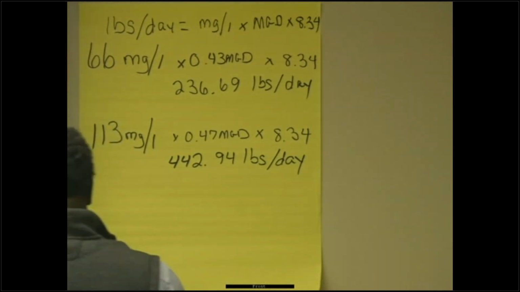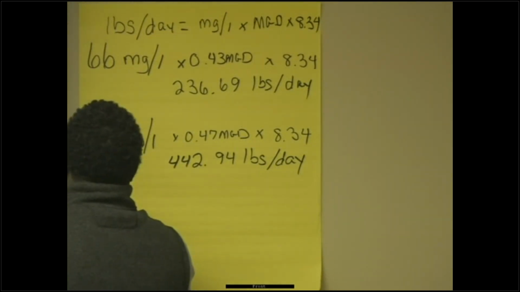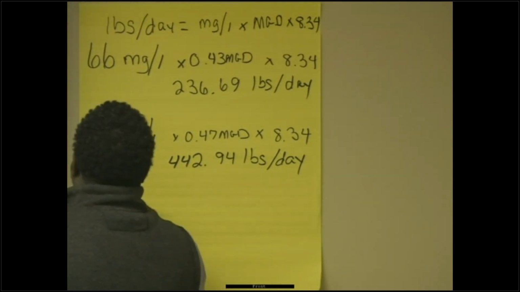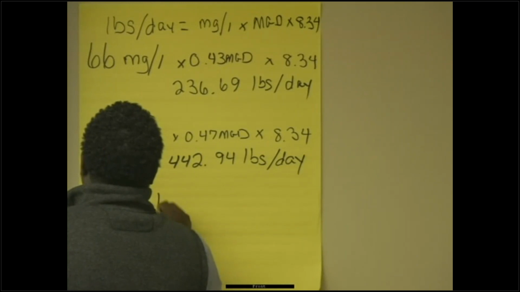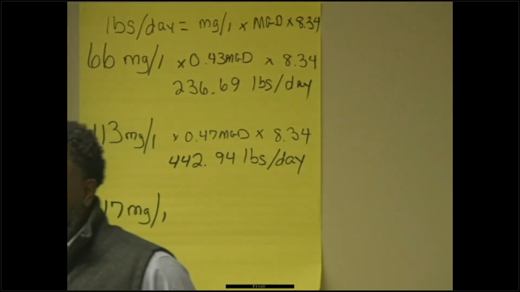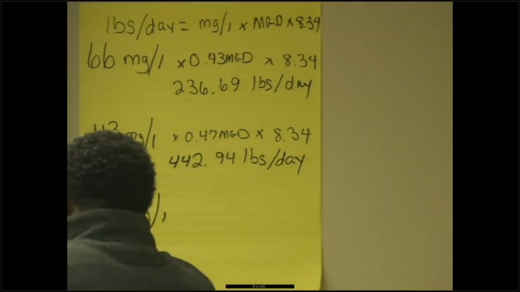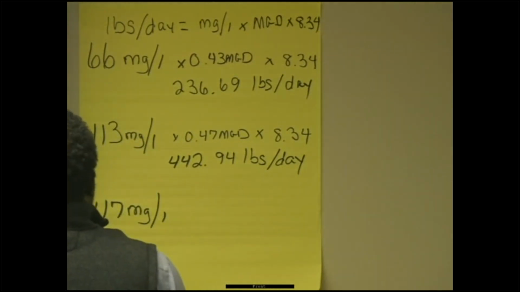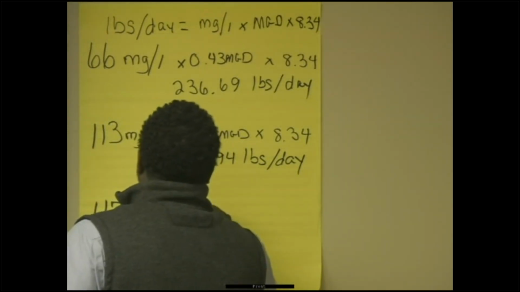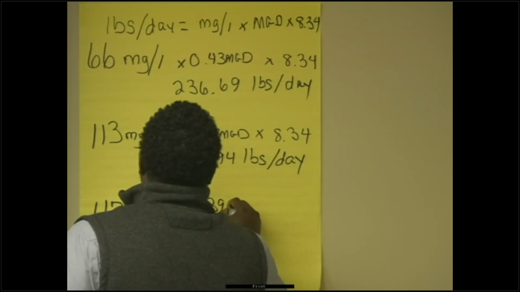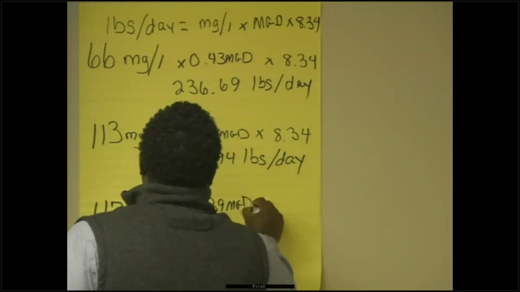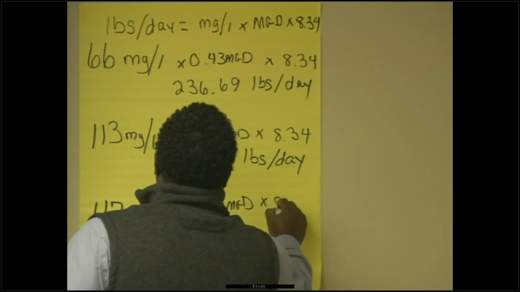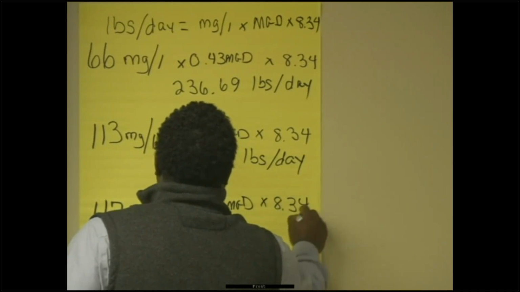June's BOD, influent BOD, is 117 milligrams per liter. The flow is 0.39 MGD times our constant of 8.34.